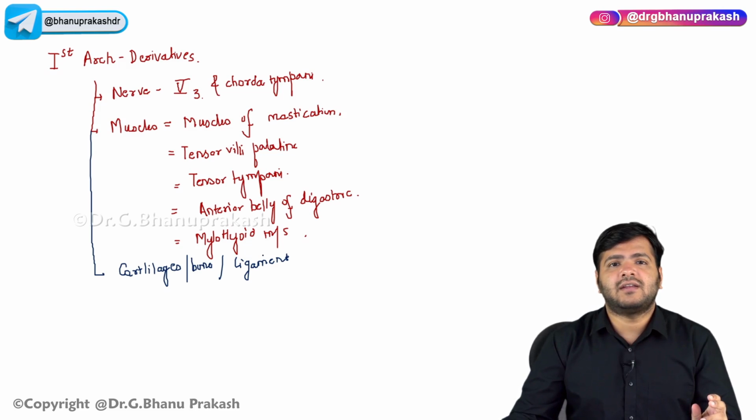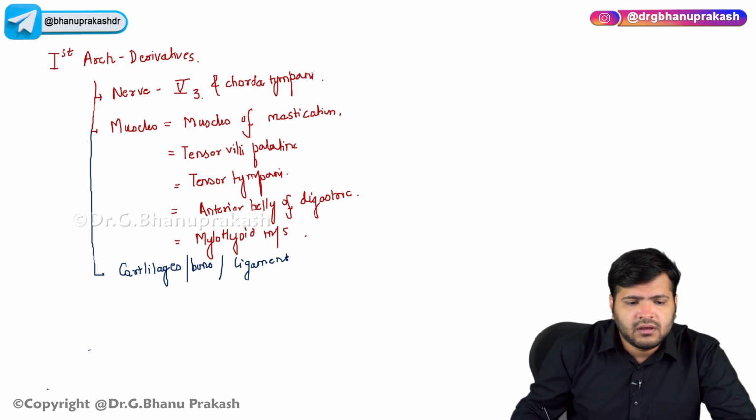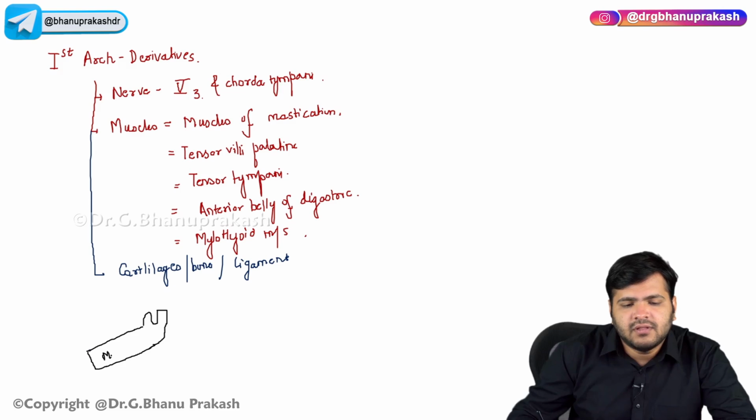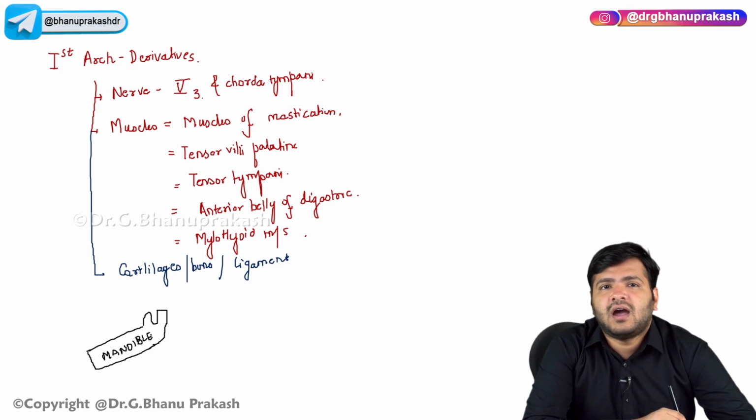So let's try to remember from this particular diagram. Now let us suppose this is the mandible. The mandible develops from the first arch.